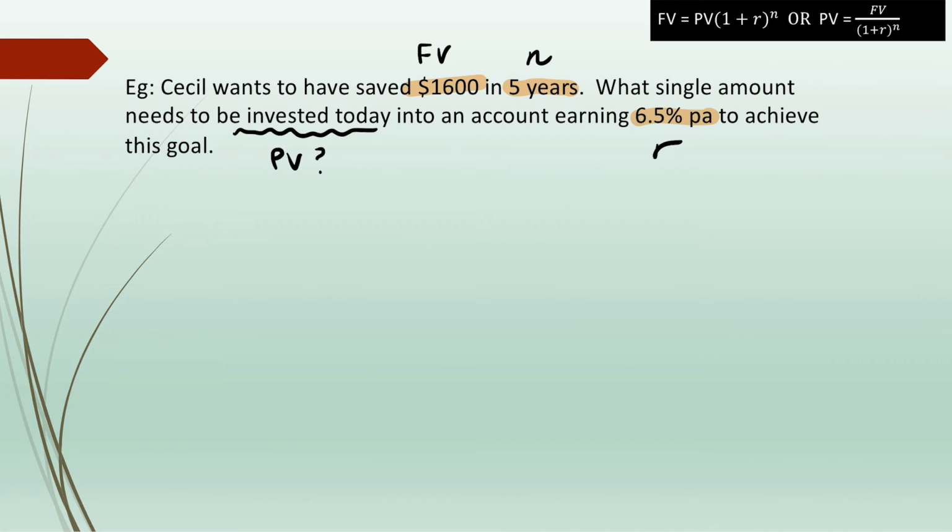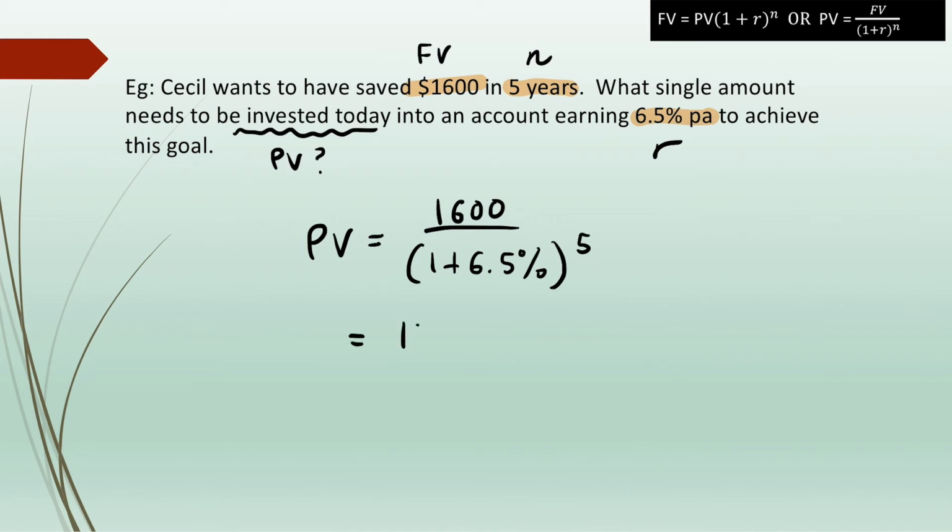So using our formula, present value equals 1600 divided by 1 plus 6.5% for 5 years.